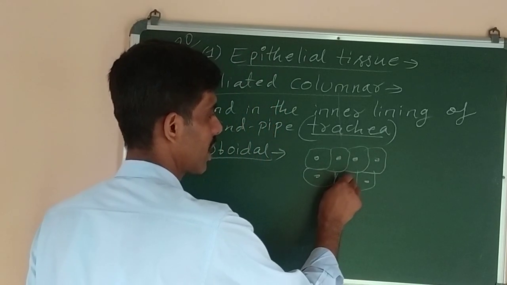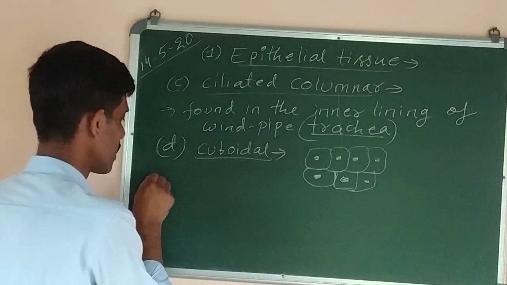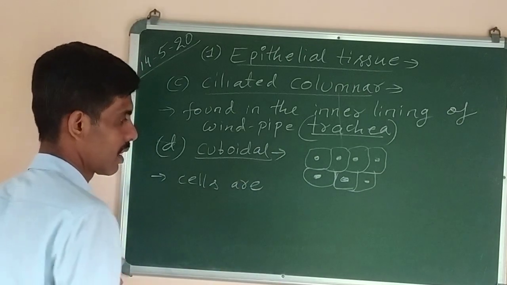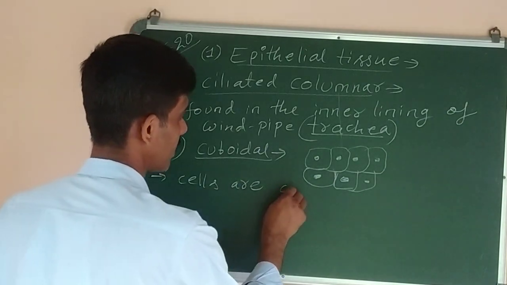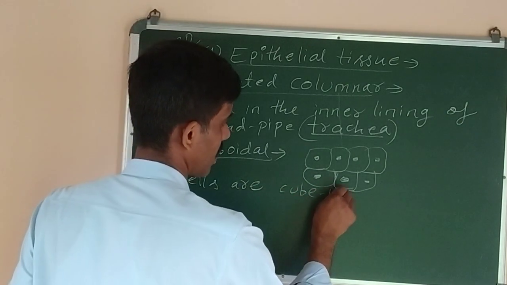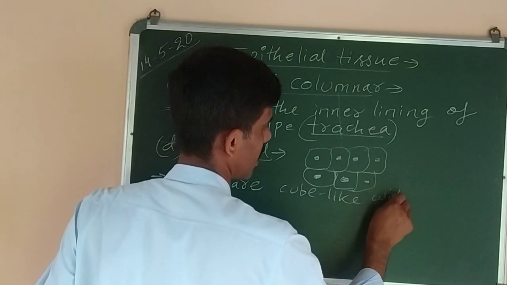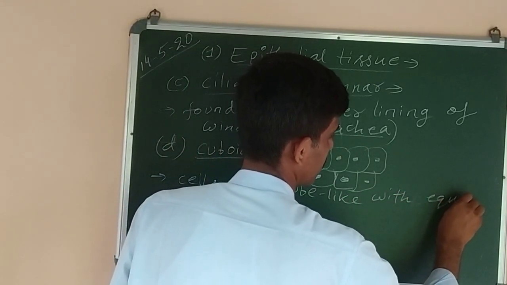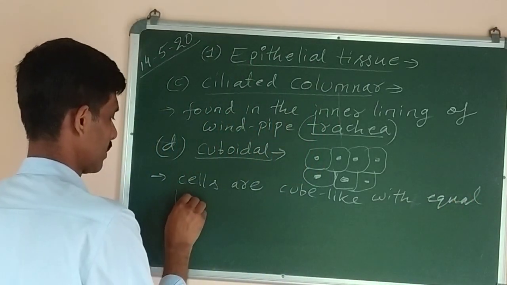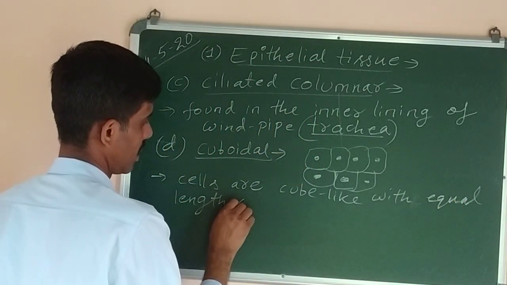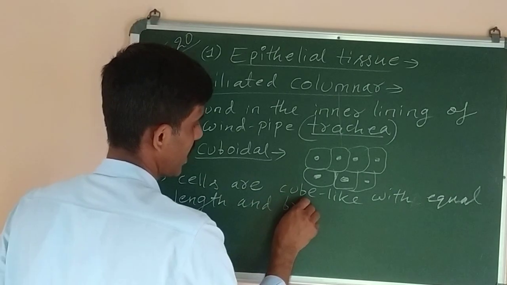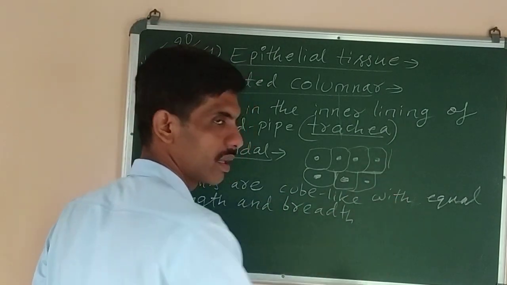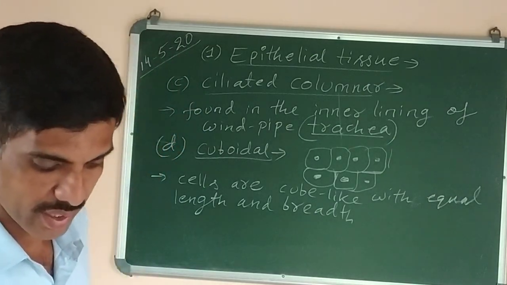Like this they appear, okay, cuboidal. So cells are cube-like with equal length and breadth. Means length is there and breadth is same only. They have almost same equal length and breadth.